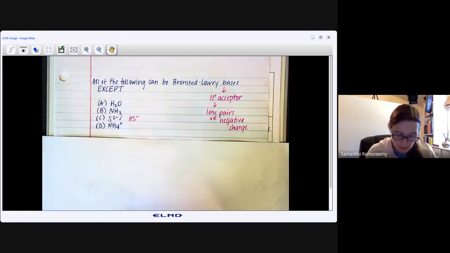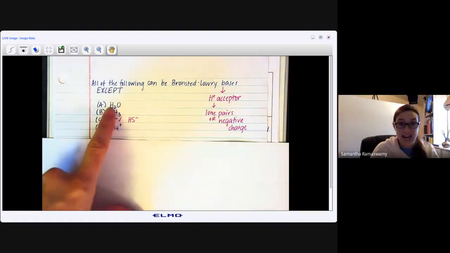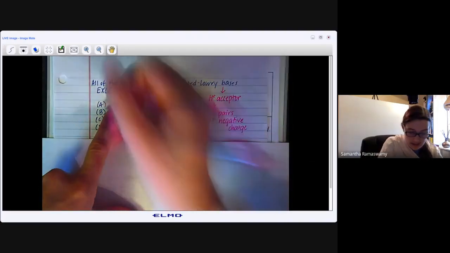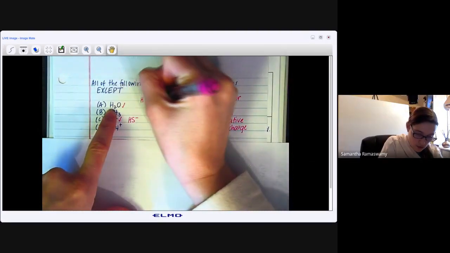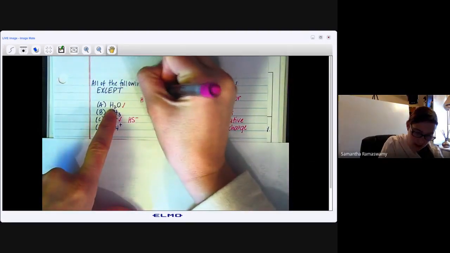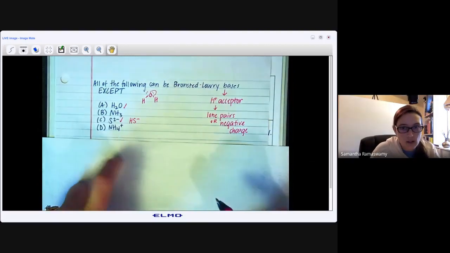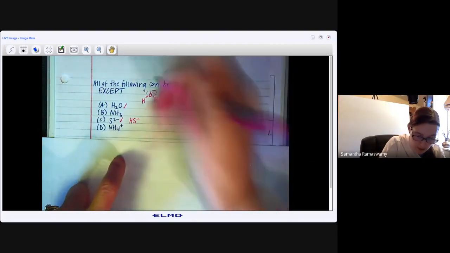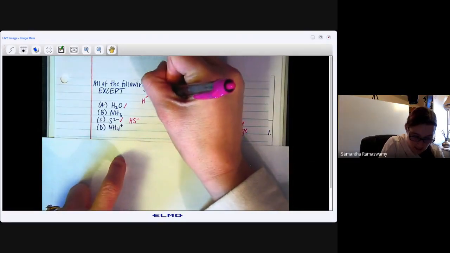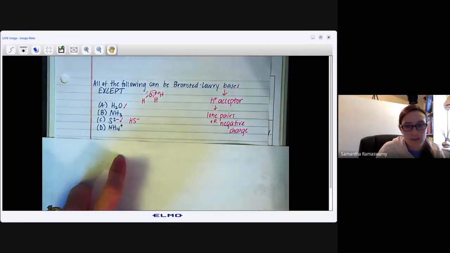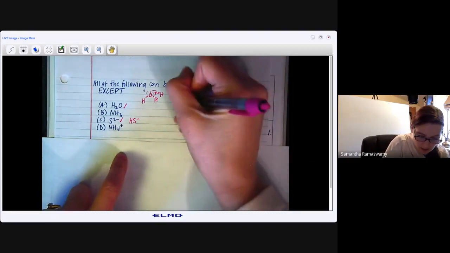Well, we know that water can act as an acid or as a base, and the reason, again, is because H2O has a lone pair. So when it accepts a proton, an H plus comes up and bonds with these lone pairs to produce H3O plus.